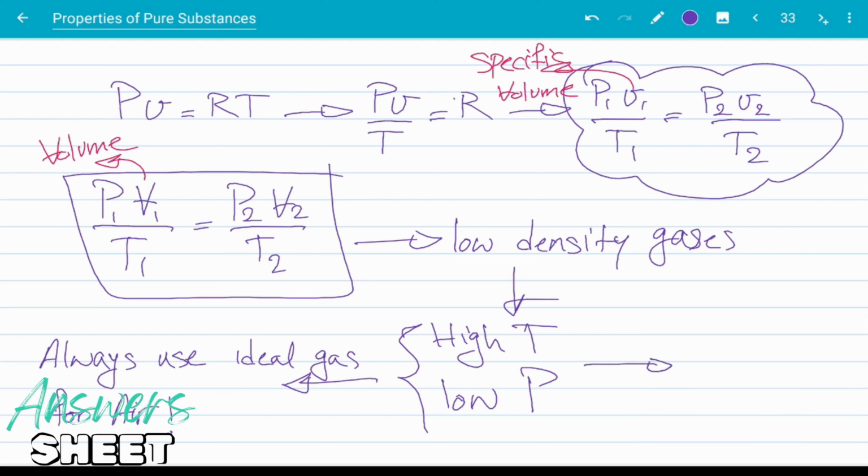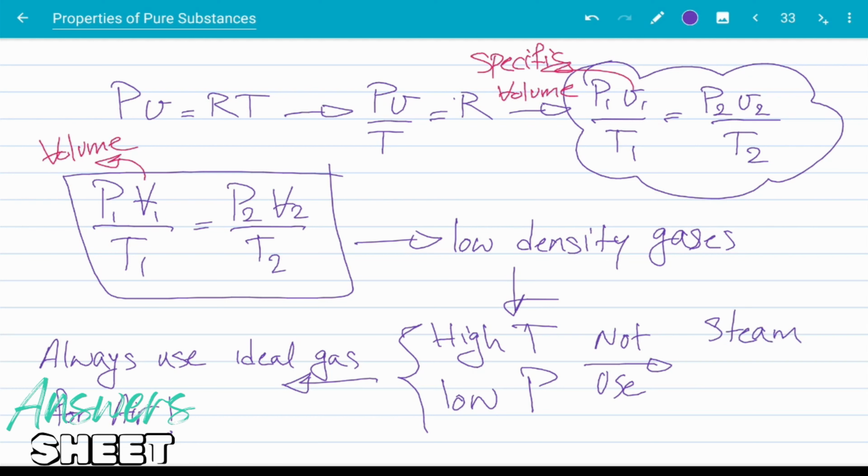On the other hand, we cannot use it when dealing with substances that usually undergo phase changes, like steam or water vapor. Never use it with steam, never use it with refrigerants.